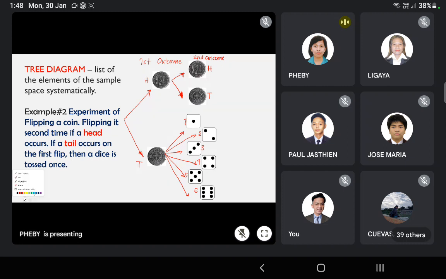So, ano yung ating sample points? So, our sample points here, first outcome and second outcome: head, head. Head, tail. Tail, 1.